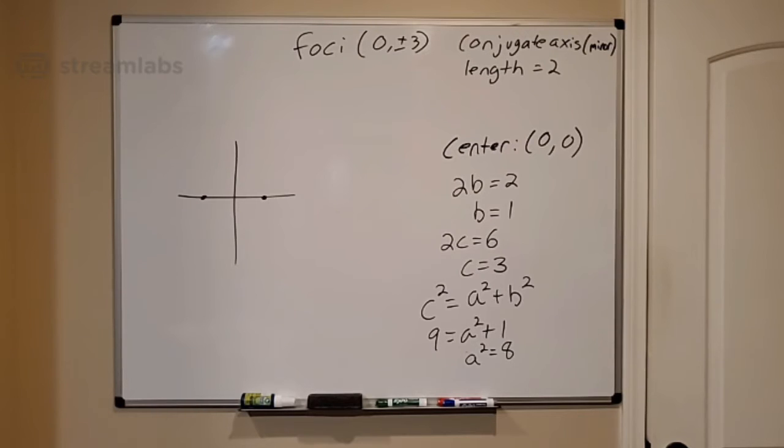Okay, so I will give a hint. Madeline was half correct. X does go first, but not because A is bigger. Is it because on the foci the Y is the one that's changing? Or sorry, yeah. No. Never mind. Sorry.